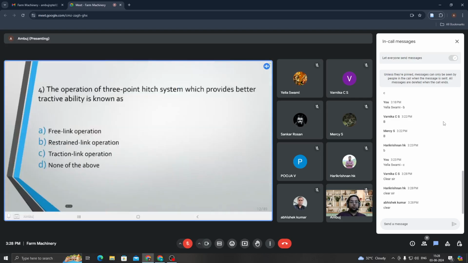The operation of the 3-point hitch system, which provides better tractability, is known as free link operation, restrained link operation, traction link operation, or none of the above. Do try to give your opinion.